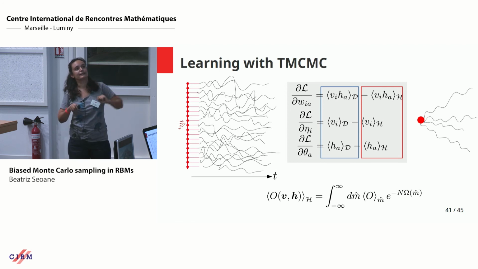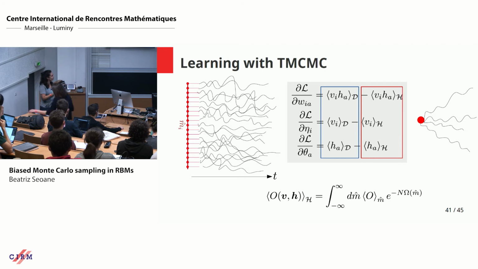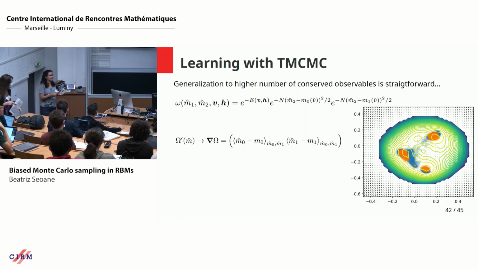Later, we can do the thermal average and the different clones. And, okay, we compute these observables in the m hat ensemble, and we integrate it out.